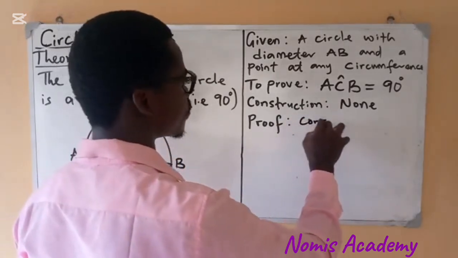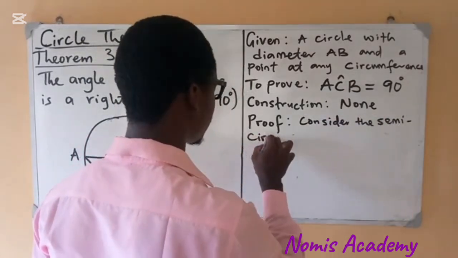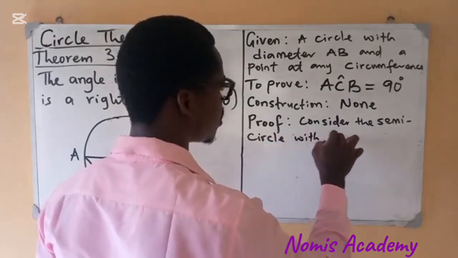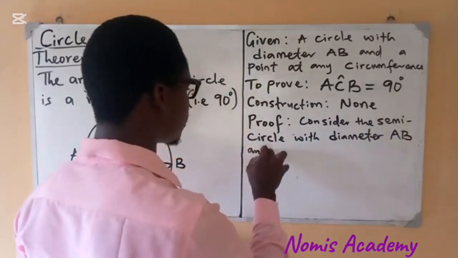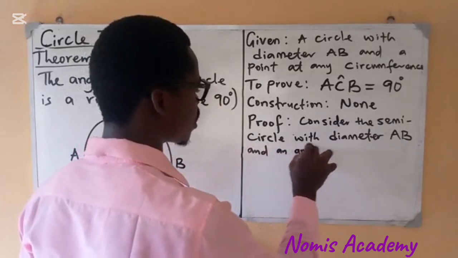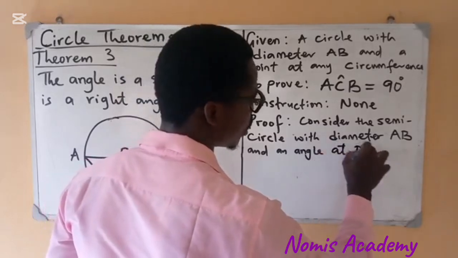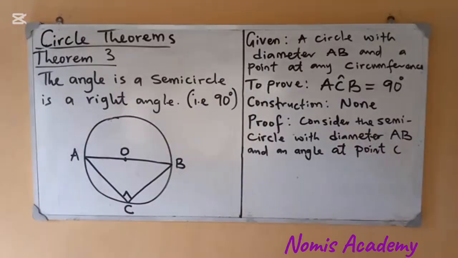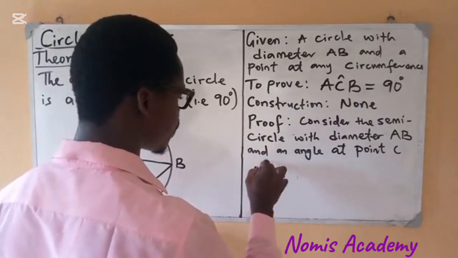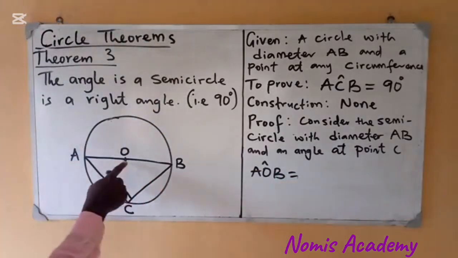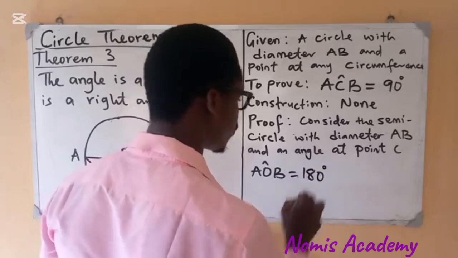Consider the semicircle, circle with diameter AB and an angle at point C. Okay, so we know that AOB, that is angle at O, angle AOB is equal to 180 degrees.